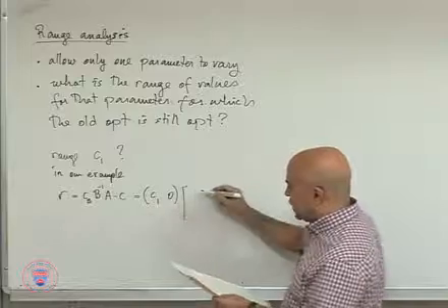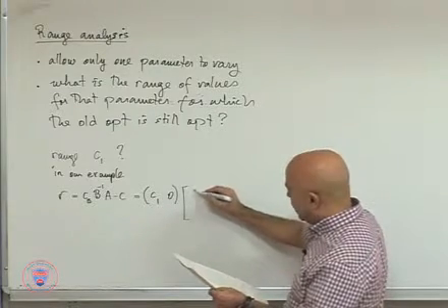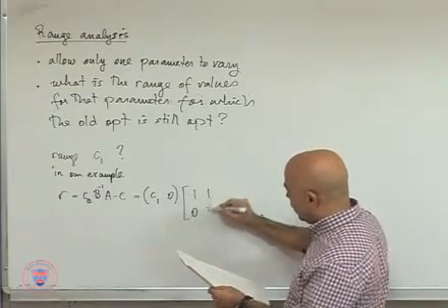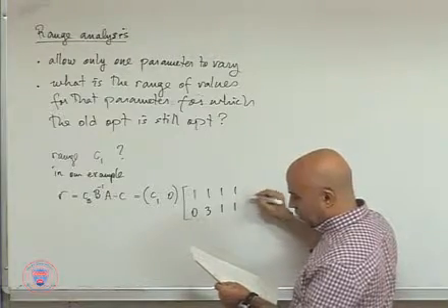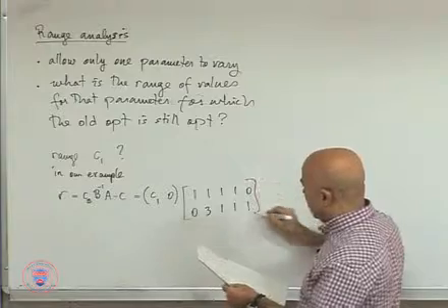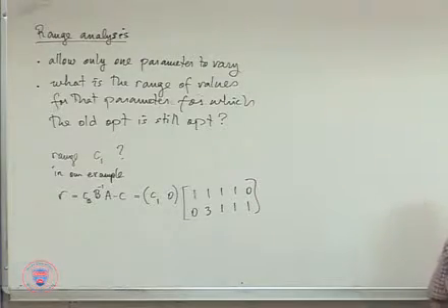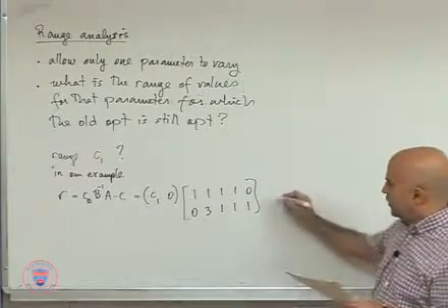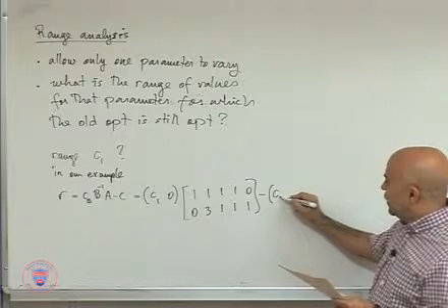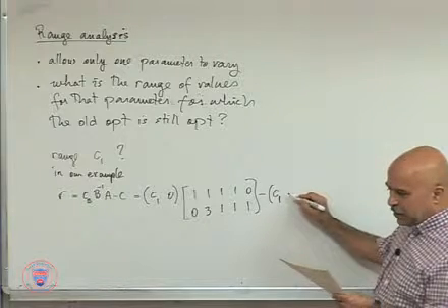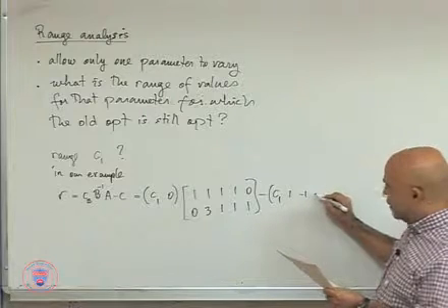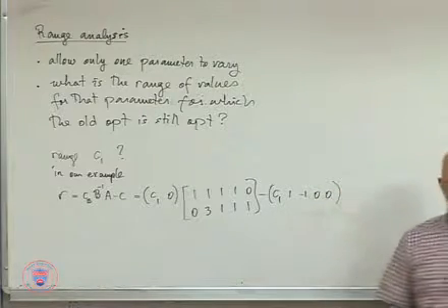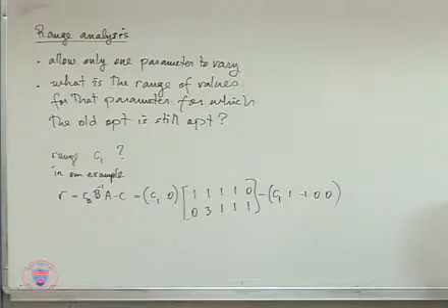No, CB is this one. B inverse A is 1, 0, 1, 3, 1, 1, 1, 1, 0, 1. That's my B inverse A. Minus C. C has C1 here. Then 1, minus 1, 0, 0. These are the components. Okay?